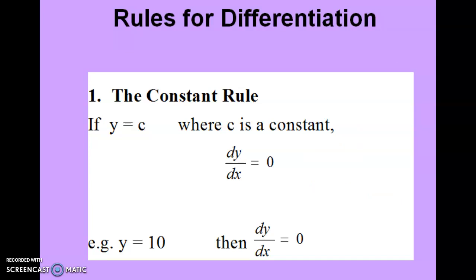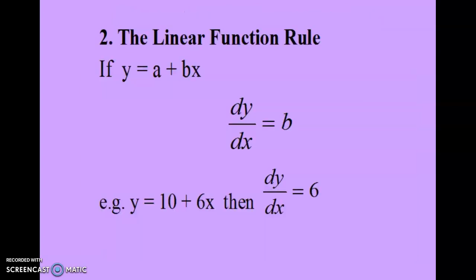Let's go to the next one, the linear function rule. Let's say you have a function like this one. First of all, a is a constant, so we get a 0.